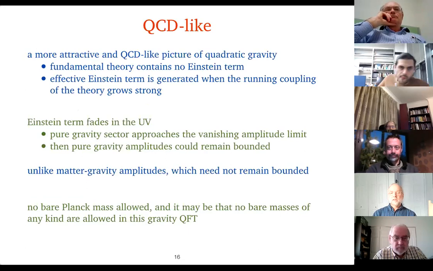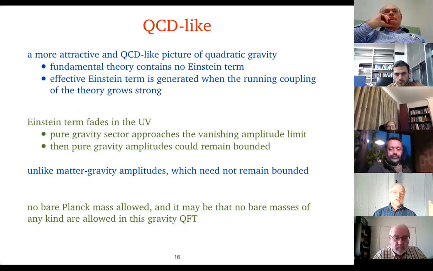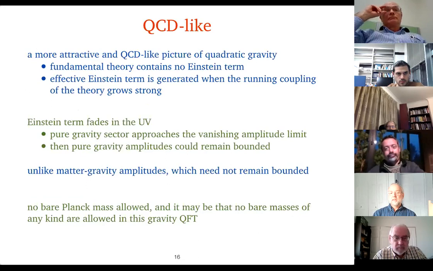And that's for the fundamental theory to contain no Einstein term and have the effective Einstein term being generated when the running coupling of the theory grows strong. So in this picture, the Einstein term fades in the UV. And so it could be that the pure gravity sector approaches this apparently vanishing amplitude limit that I'm talking about, and pure gravity amplitudes could remain bounded.